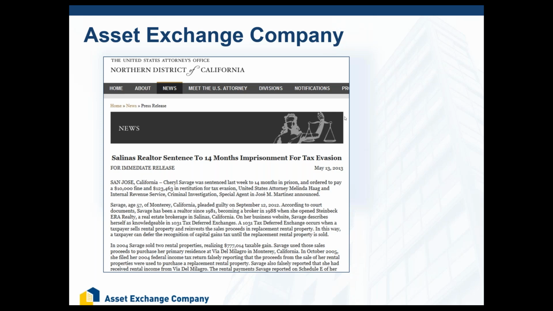Well, they're going to disqualify your 1031 exchange. They are going to make you pay your back taxes. They're going to possibly penalize you with interest and fines. And then in the most egregious of circumstances, ladies and gentlemen, you could possibly go to jail for tax fraud related to your 1031 exchange that failed.